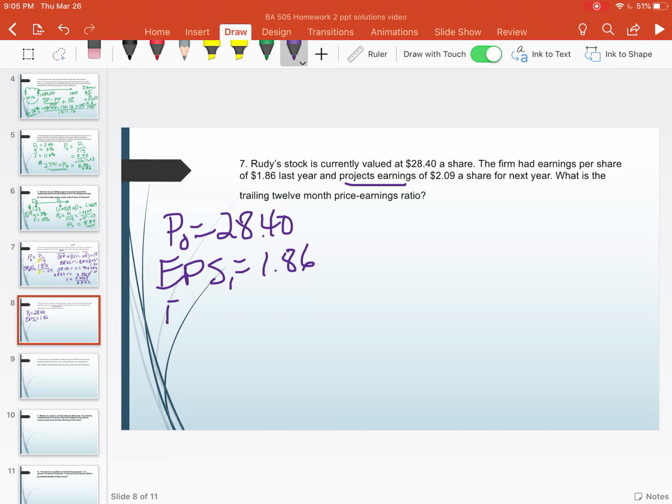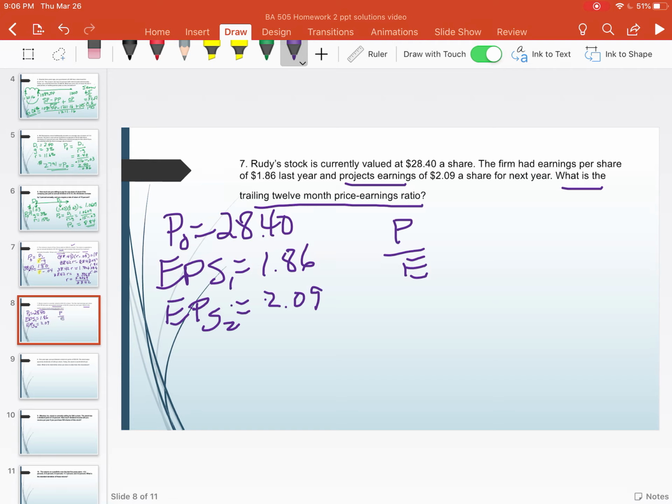So for year one, year two, earnings per share for year two is equal to $2.09. And so we're asking, what is the trailing 12-month price to earnings ratio? So what is price to earnings?